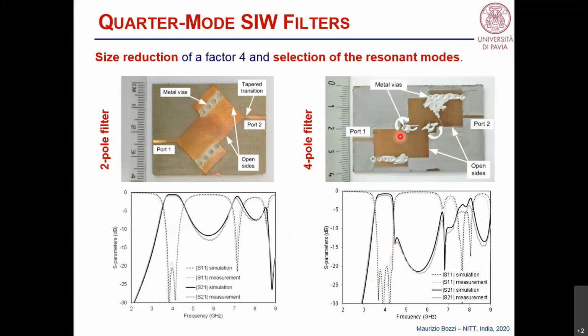That is due to the coupling through this small metal strip from cavity 1 to cavity 3 and from cavity 2 to cavity 4. So by controlling the width of this metal strip, we can have a double transmission zero very close to the passband. And this, of course, helps increasing the selectivity of the filter.